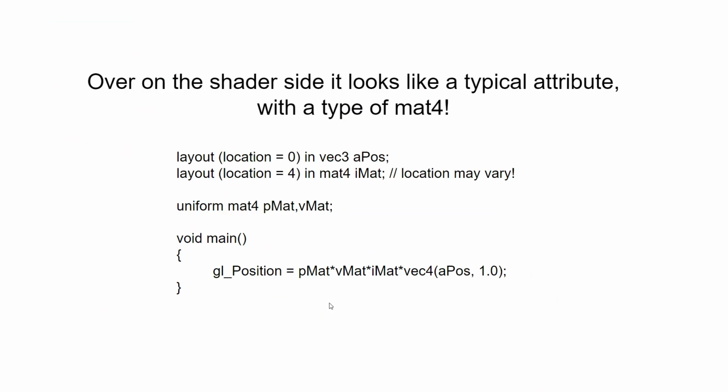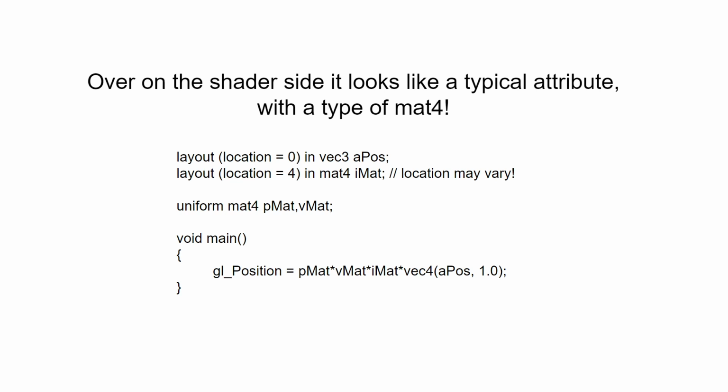And the good news is, like I mentioned, on the shader side, it looks much more like a typical attribute with a type of mat4, right? So you see this part here. What location you use may vary. I always wind up with 0, 1, 2, and 3 as my coordinates, my color, my texture coordinates, and my normals.